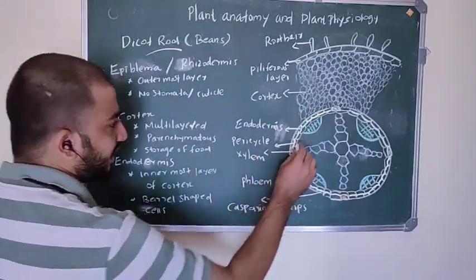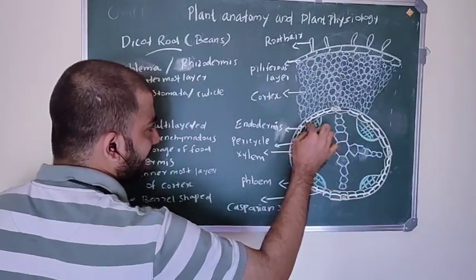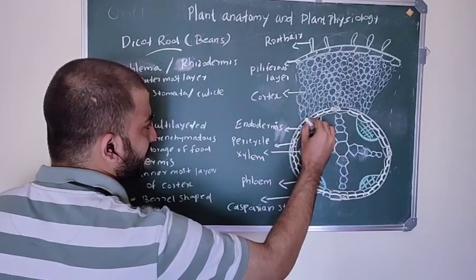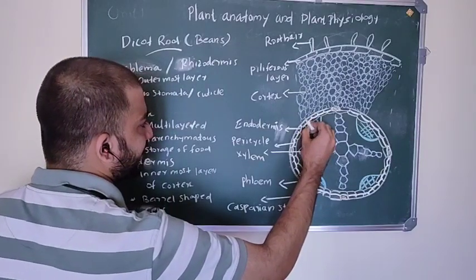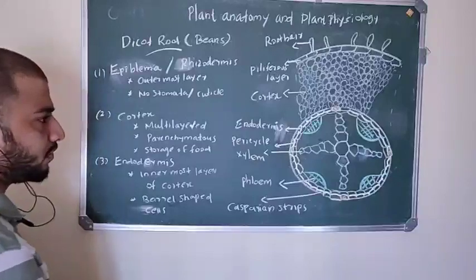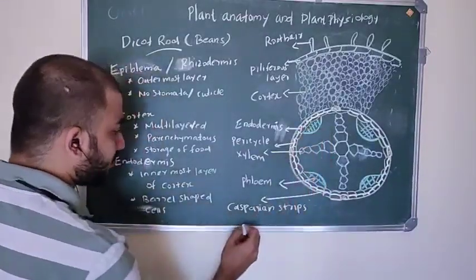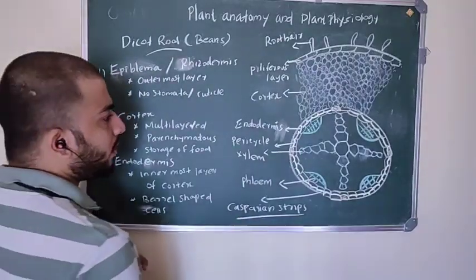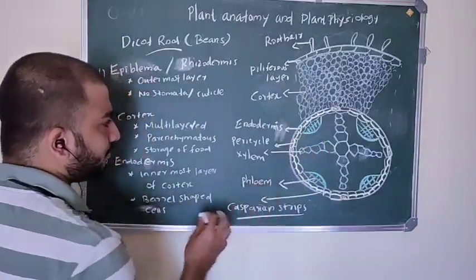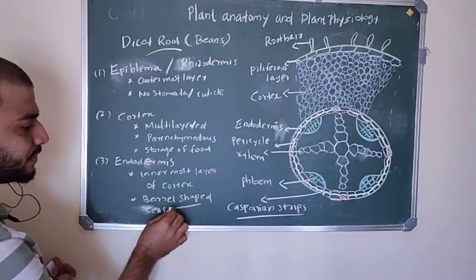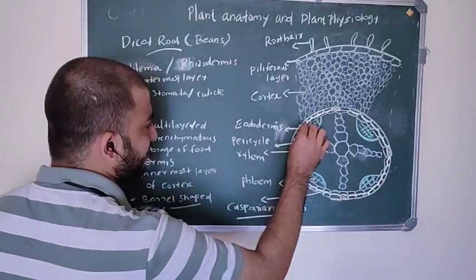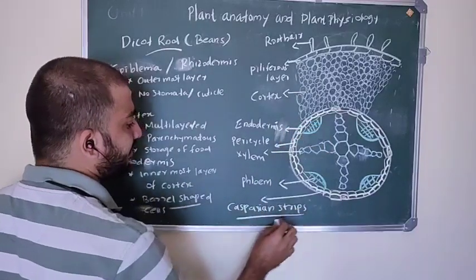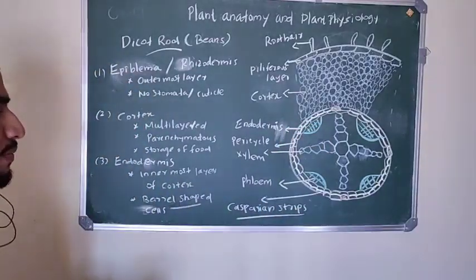At the tangential side and radial side of the endodermis, you can observe some thickening. The cells of the endodermis are barrel shaped, and this thickening forms strips called Casparian strips.